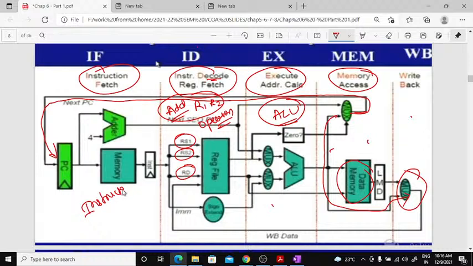Instruction memory contains only the instructions, and data memory handles only the data, like source operand, destination operand. And write back. So this is the 5-stage pipeline.